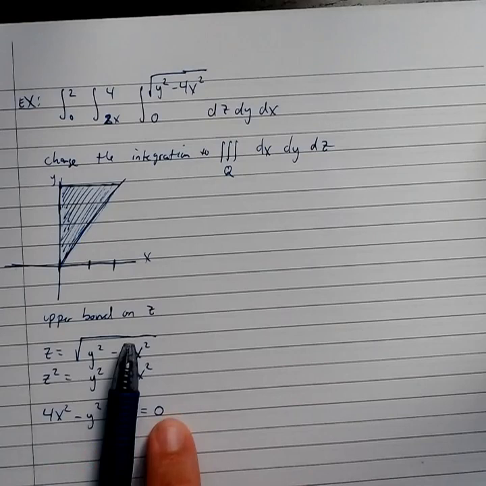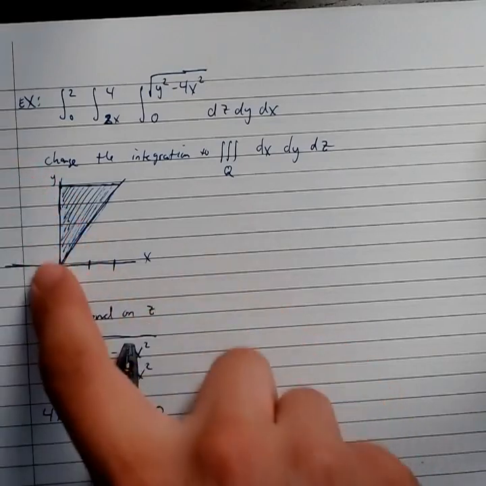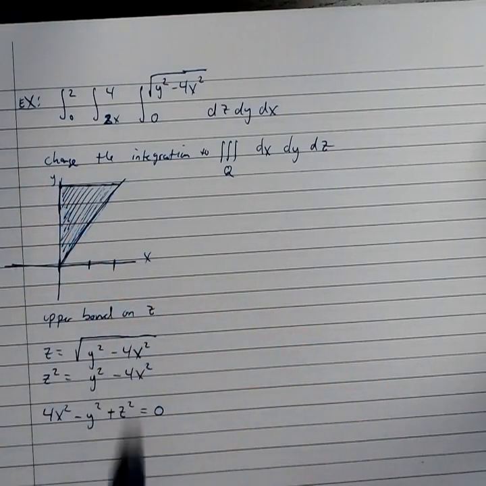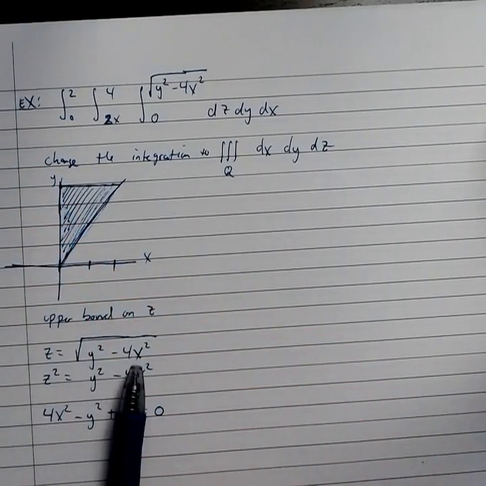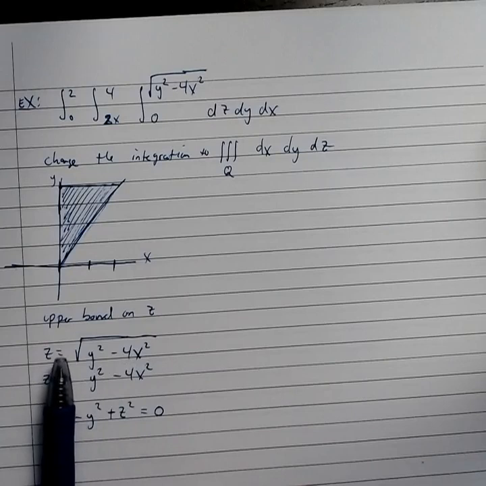So I can take the square root of both sides, and I get 2x is equal to y. Now, it should be plus or minus, but of course here we don't care about anything negative. So the xy trace is simply going to be a line. Same thing for the yz trace. That'll be a line of slope 1. If I set x equal to 0 and move this over to this side, I get z squared is equal to y squared.